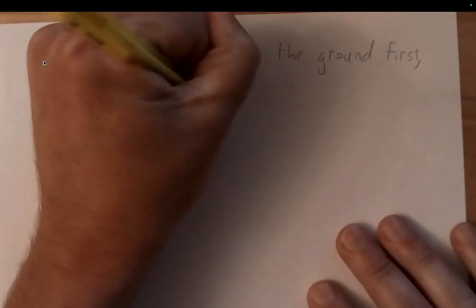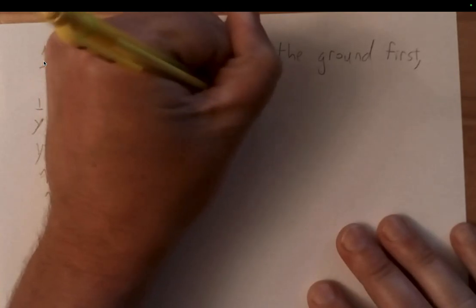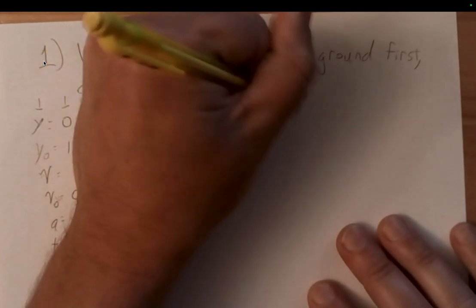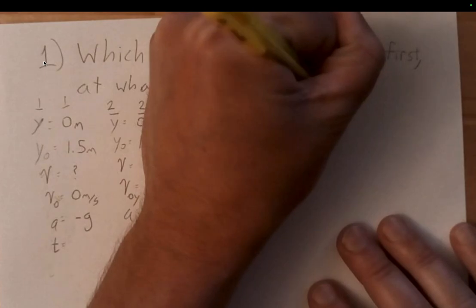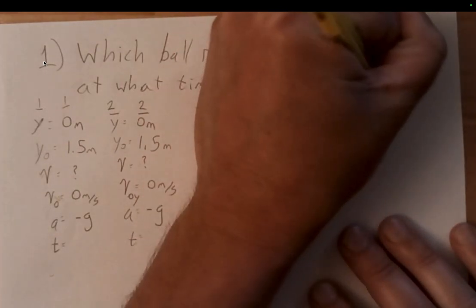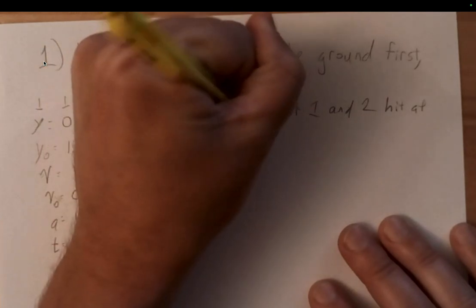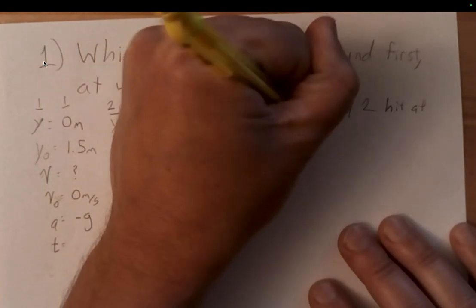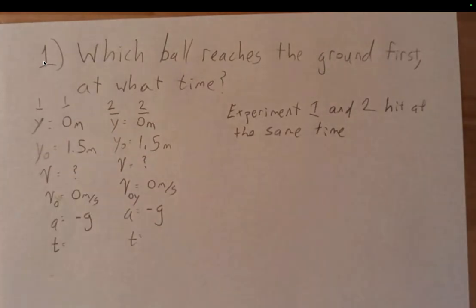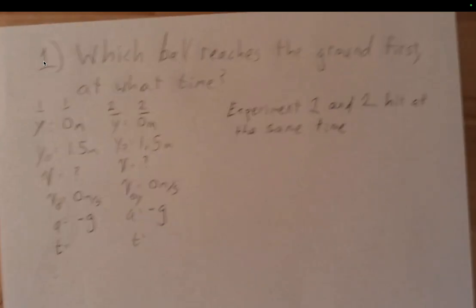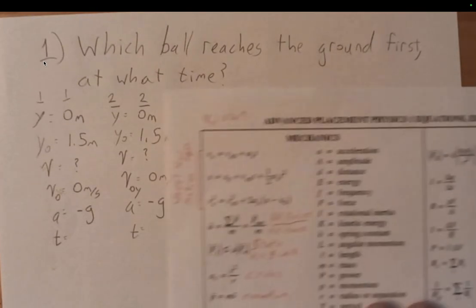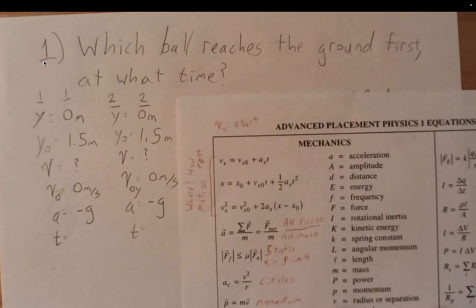So now we just have to calculate. And how we're going to do that is we have to decide based on our equation sheet which one of these equations works best.